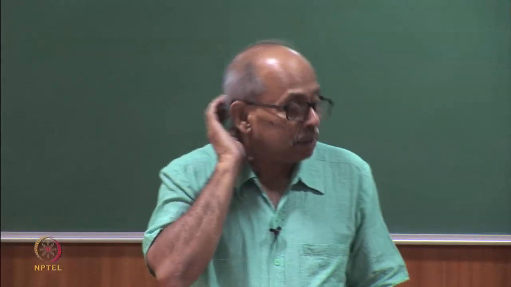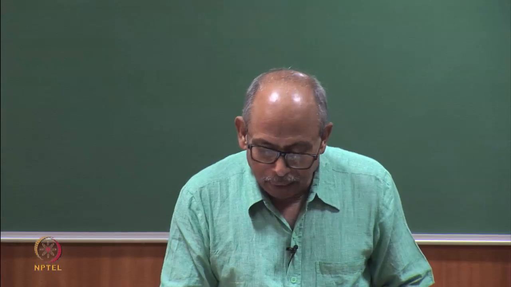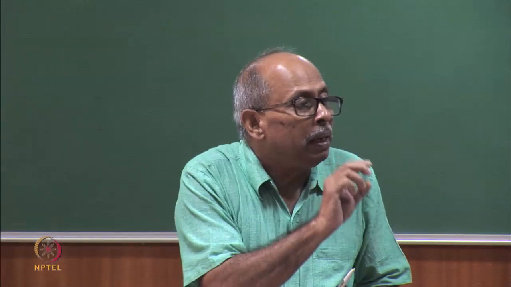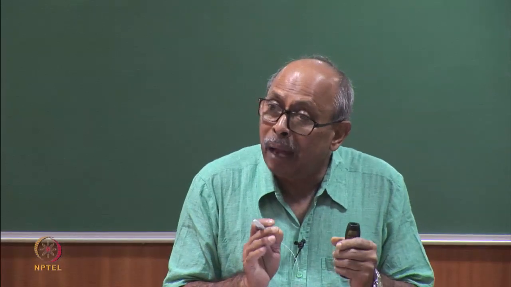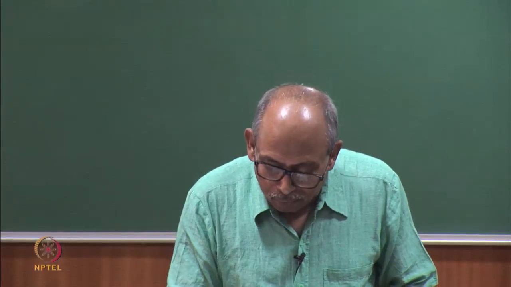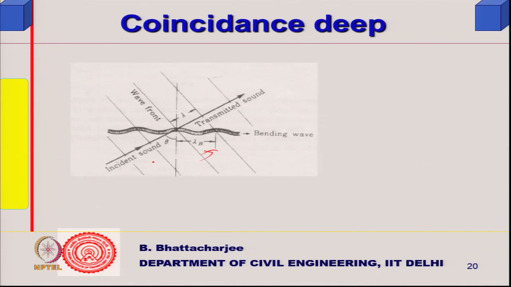It is actually at certain higher frequencies that the bending wave of the panel might match with the wavelength itself, or the projection of the wavelength. That is called coincidence dip.